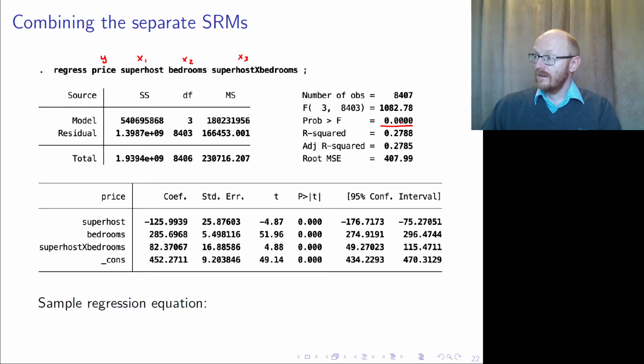So the p-value for the f-test is very close to 0, so we know that there is explanatory power in the model on a very low significance level. So we see that we can explain about 27.9% of the variation in prices by using these three variables.